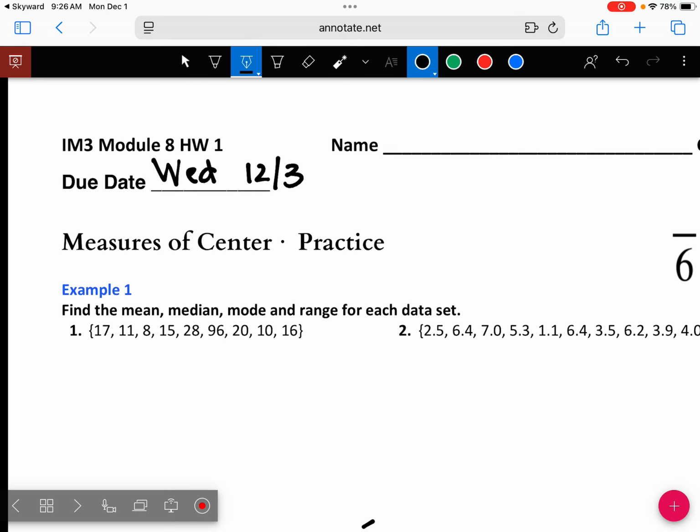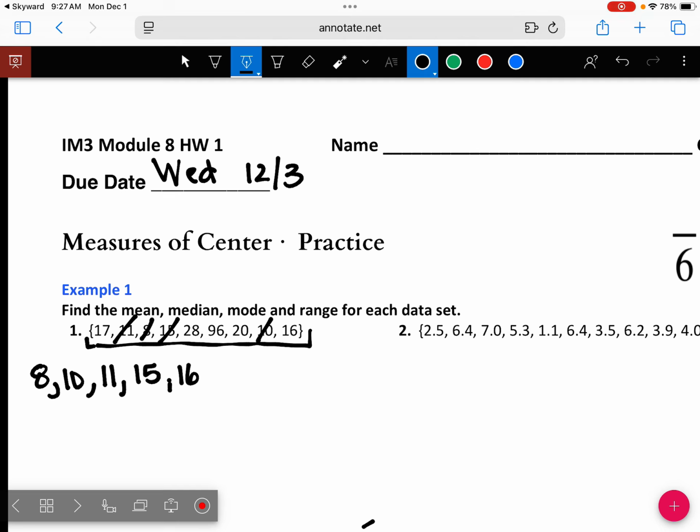All right, so let's go ahead and put these in order from smallest to largest. So the smallest number is 8. And then after 8 is 10. After 10 is 11. After 11 is 15.